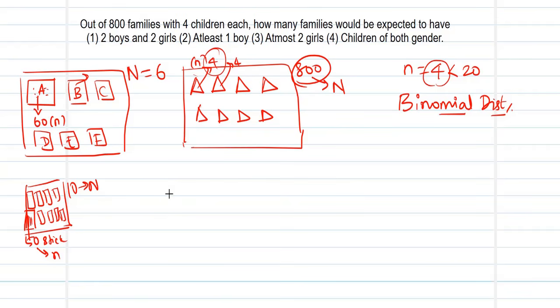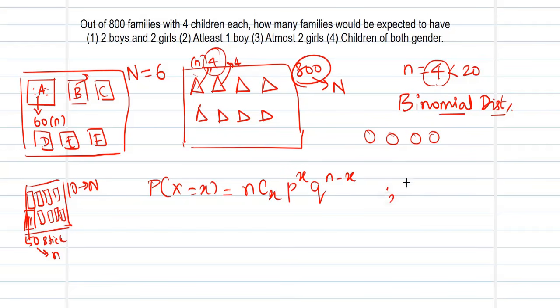In this problem a family has 4 children, and out of the 4 some of them can be boys and some can be girls. The binomial distribution is the probability of X equal to x is nCx p power x q power n minus x, which is valid for x varying from 0, 1, 2 up to n.